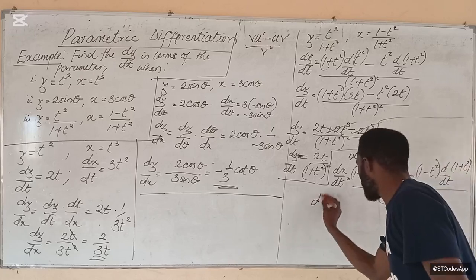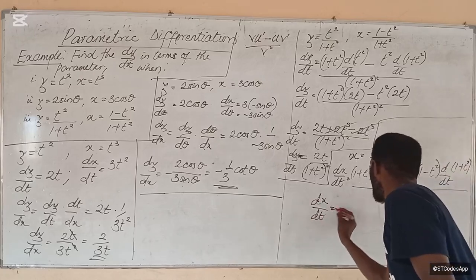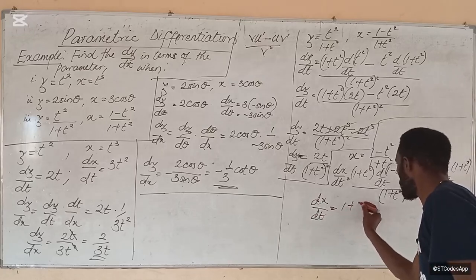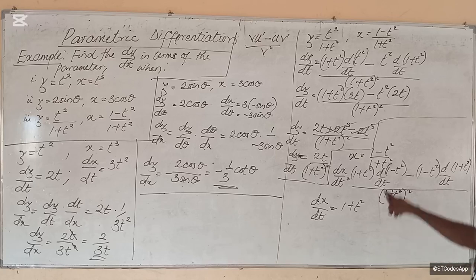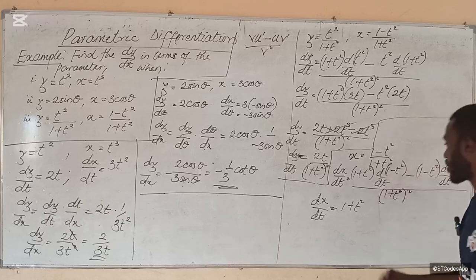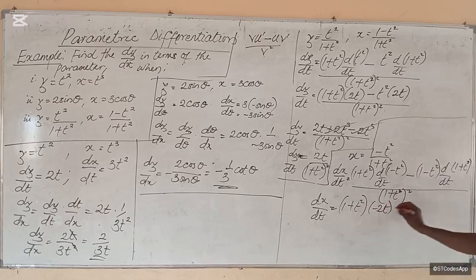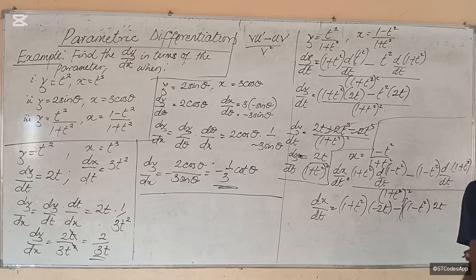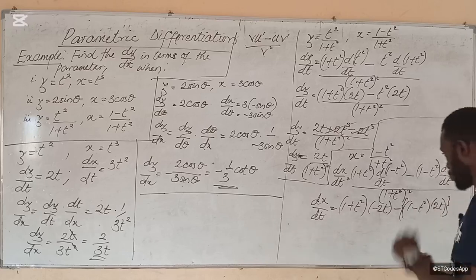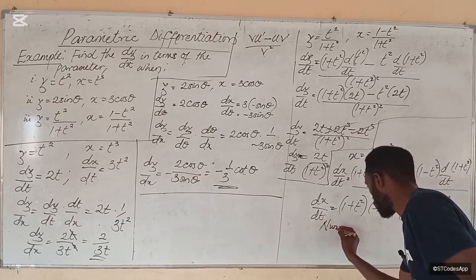So dx/dt will now be equal to 1 plus t squared, and this gives us minus 2t, right? So times minus 2t, minus 1 minus t squared, this gives us 2t. Okay, so let's do the numerator alone, because of the space.